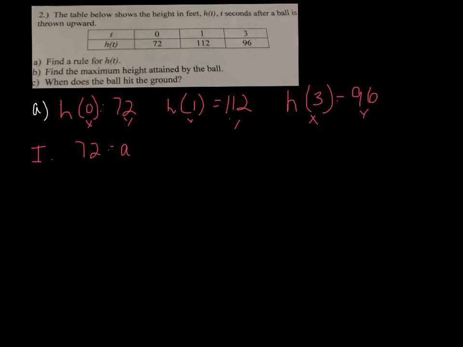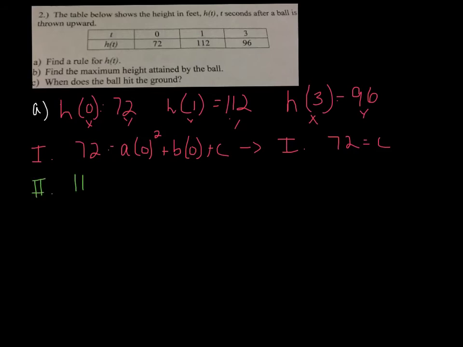Remember, it's A times X squared plus B times X plus C. Well, wait a minute. That just means 72 is C. I like these kind of problems. That's cool. That means technically they gave us the y-intercept, guys, if you haven't picked up on that.